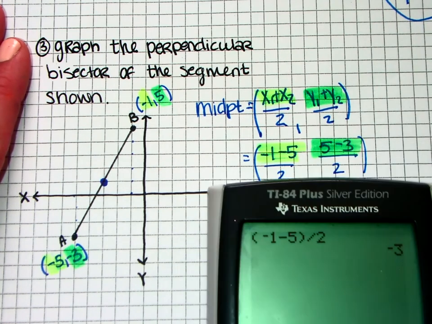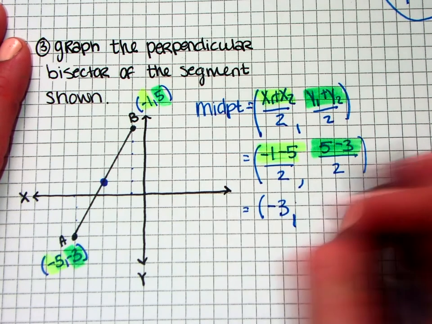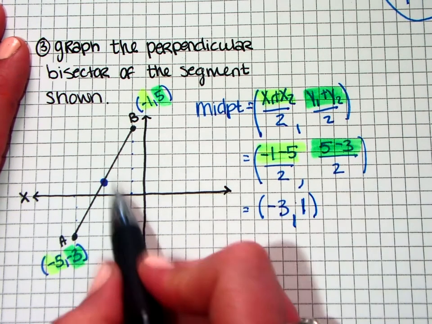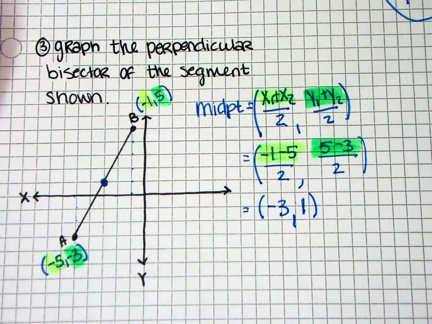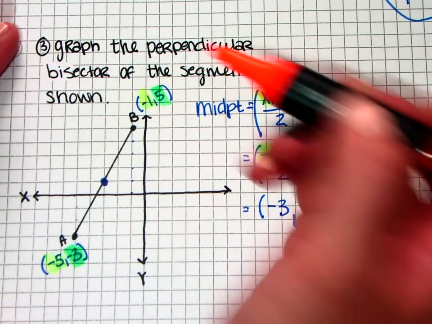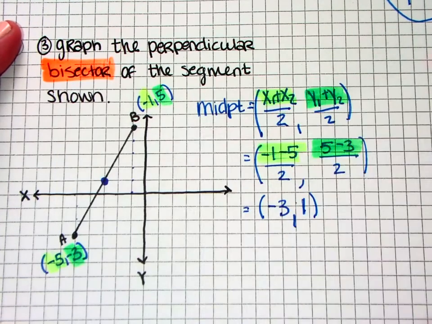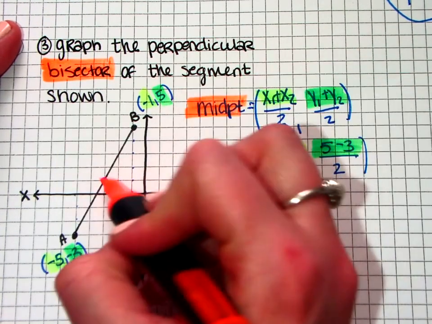And if we do that over here, parenthesis, 5 minus 3, close parenthesis, divided by 2, we get 1. So our midpoint is located at -3, 1, which is exactly where we graphed it. So again, if you can't just find the midpoint, you actually have to calculate it. So bisector means you need to find the midpoint.